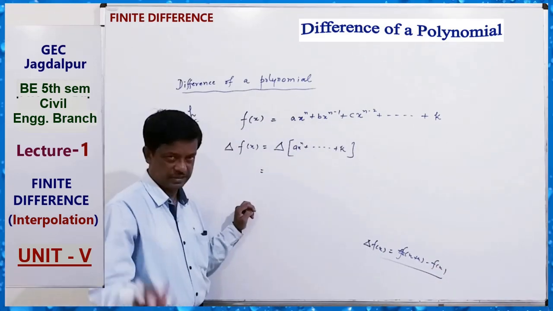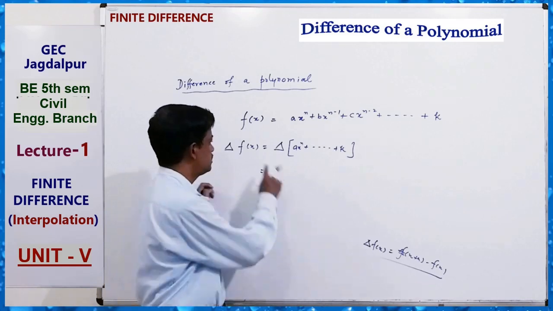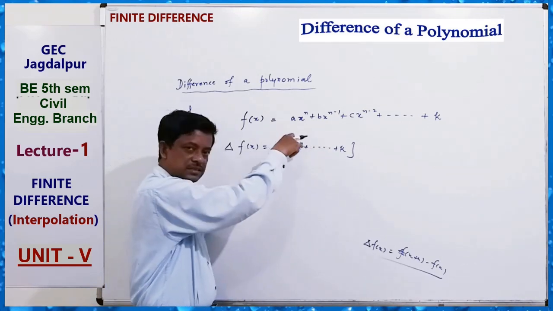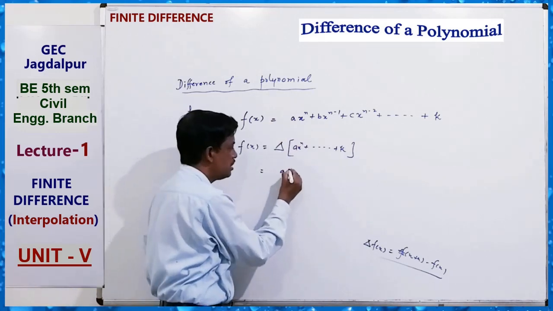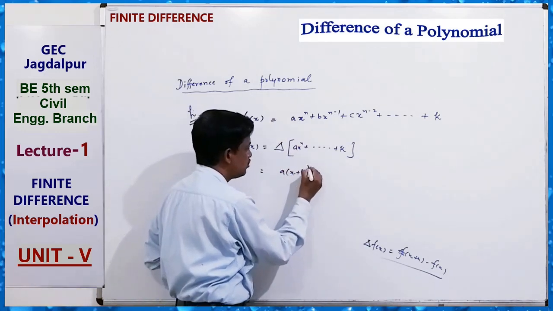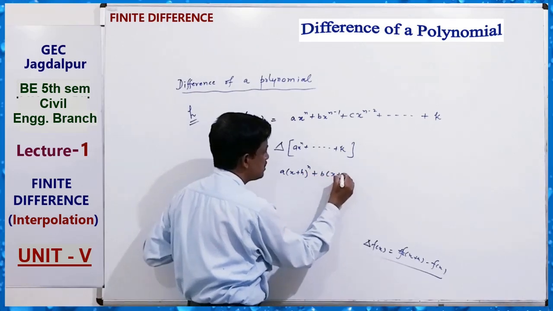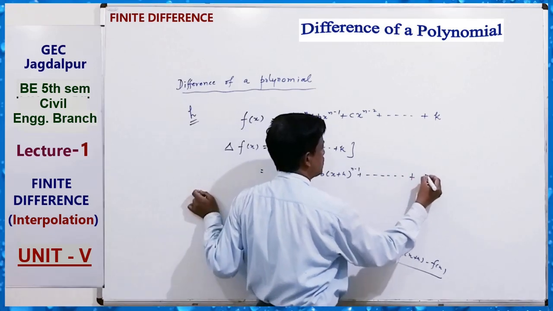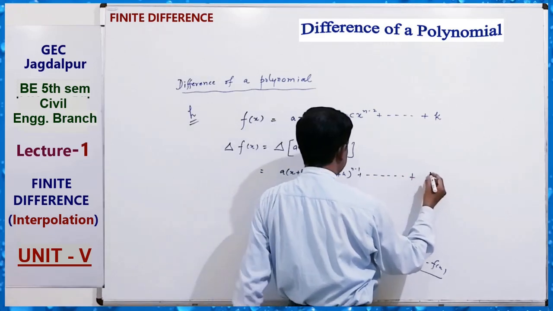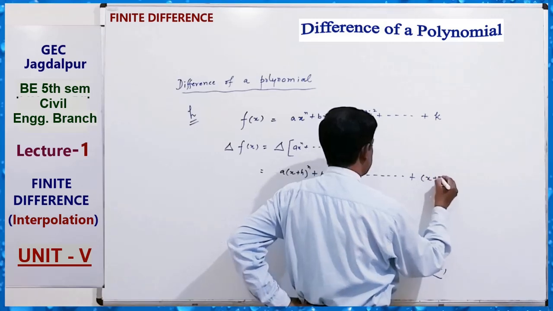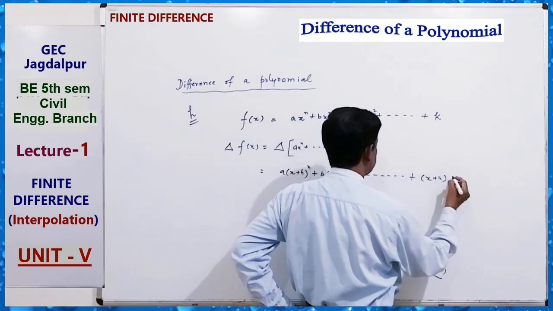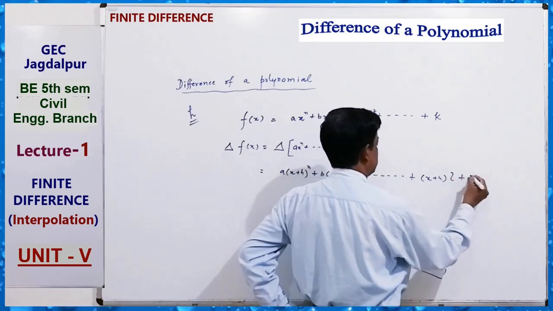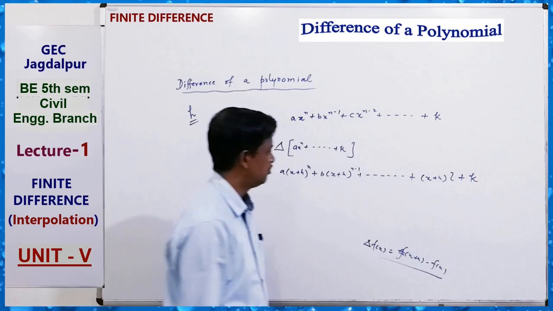Del f(x) equals f(x) subtracted from f(x plus h). In place of x we have to write x plus h. So a (x plus h) to the power n, b (x plus h) to the power n minus 1, and so on up to the last term, (x plus h) into l, suppose any number, and then k.